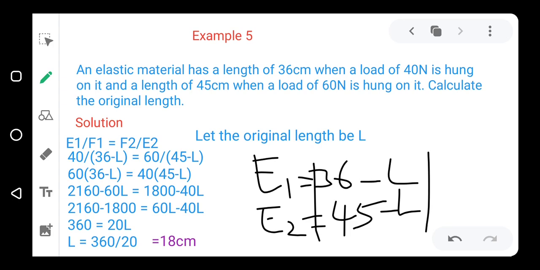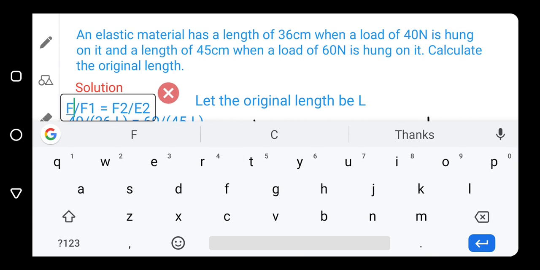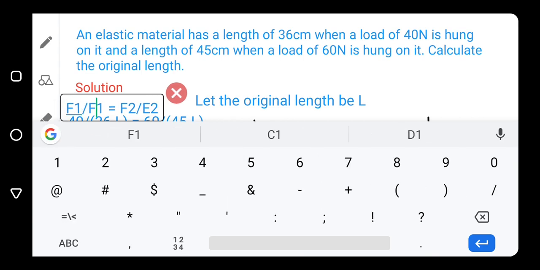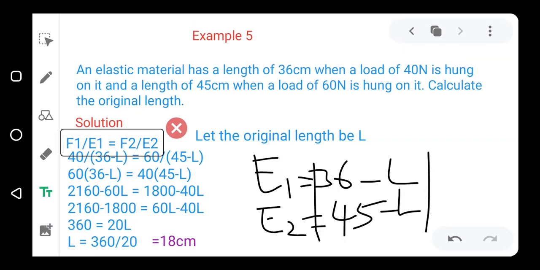So we put it in the equation. F1 over E1 is equal to F2 over E2.